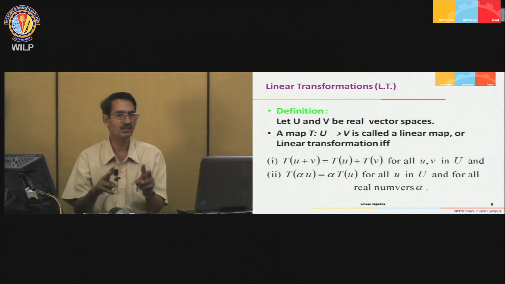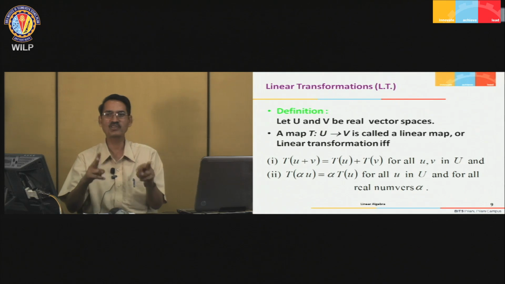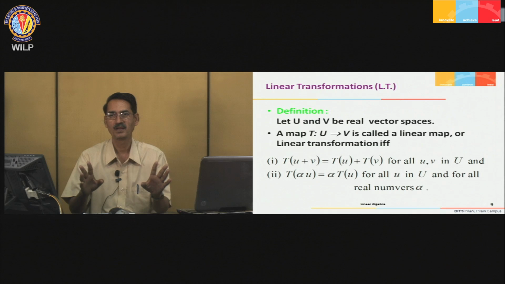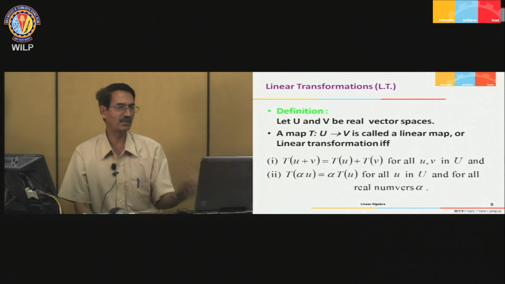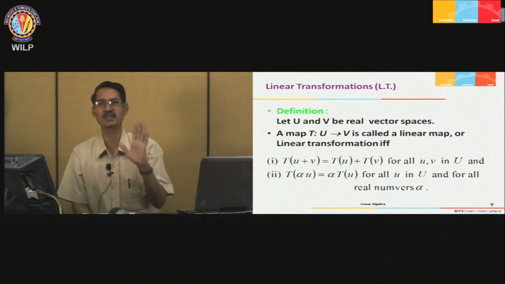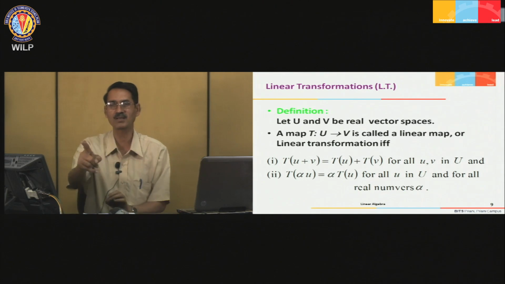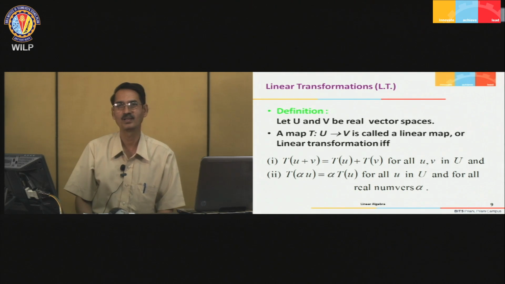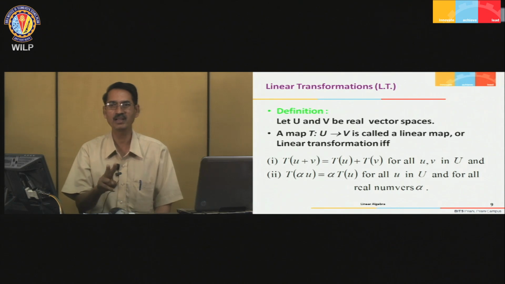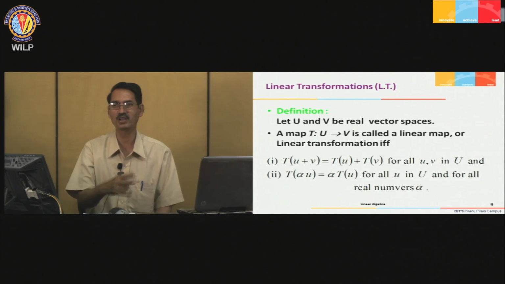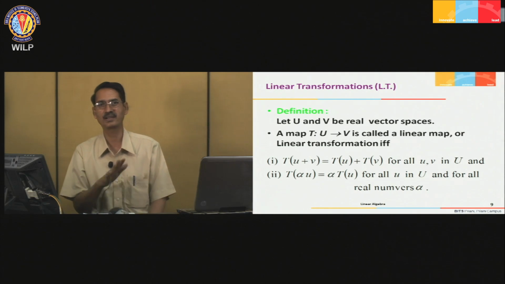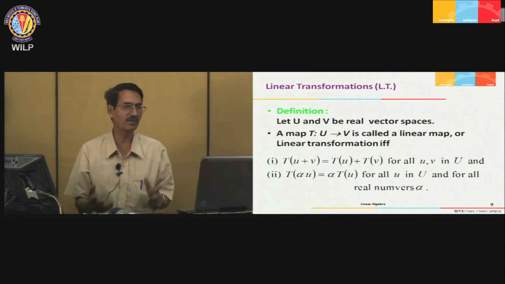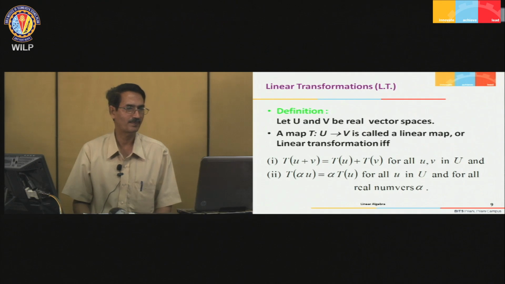That U and V both are vector spaces over the same field F. It means if U is a real vector space, V must be a real vector space. If U is a complex vector space, V must be a complex vector space. One real, other complex you cannot take. Although in this course we are taking only real vector spaces, therefore U and V both are real vector spaces.